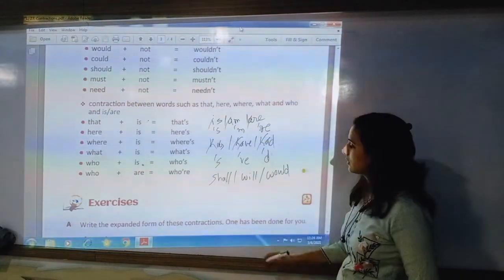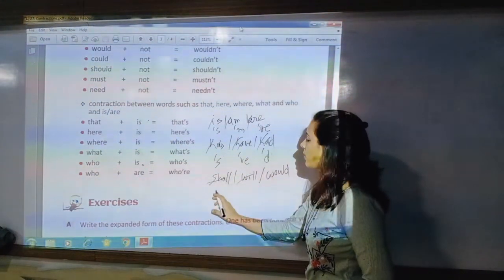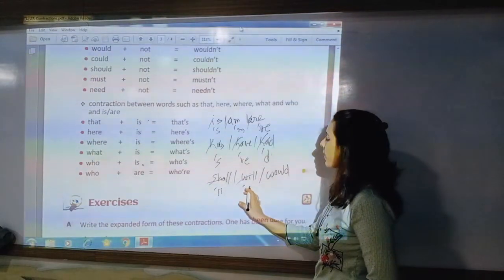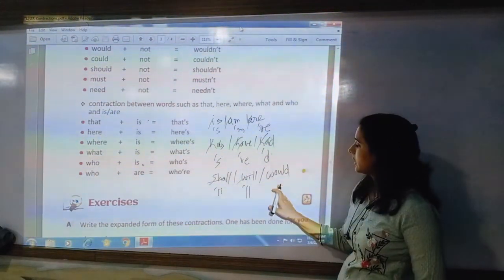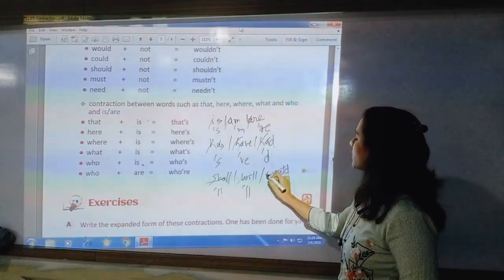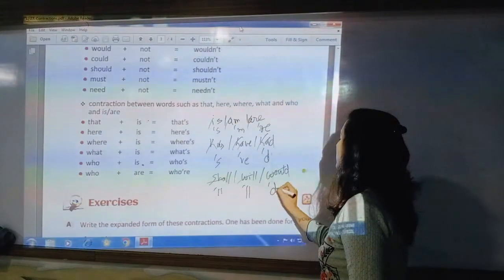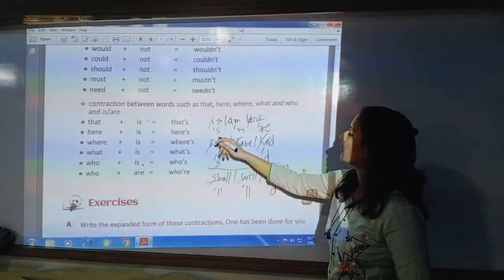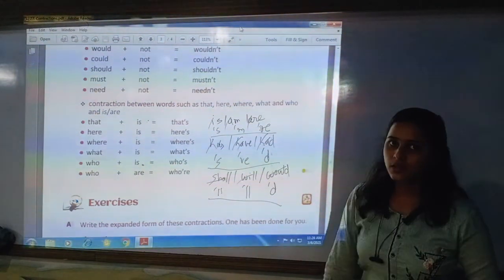In that, only the last two letters will be kept and it will become apostrophe double L. Here, only the last letter will be kept and it will become apostrophe D. So these are the contractions of the given words.